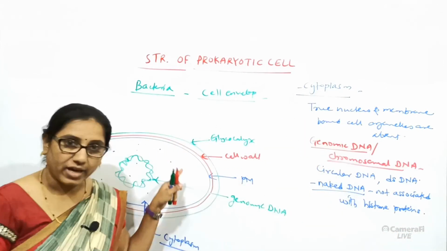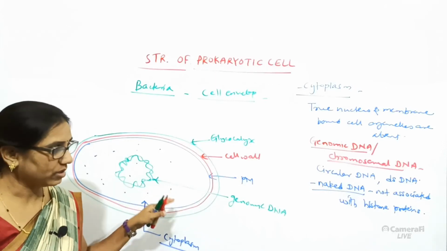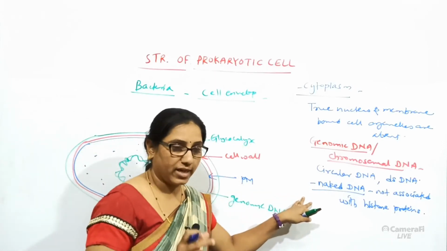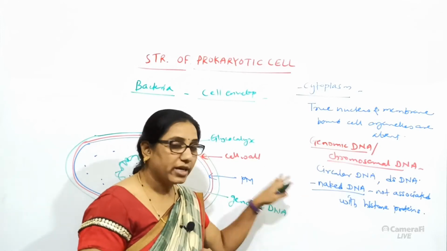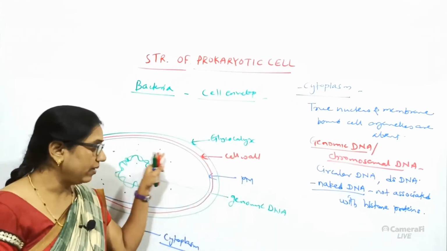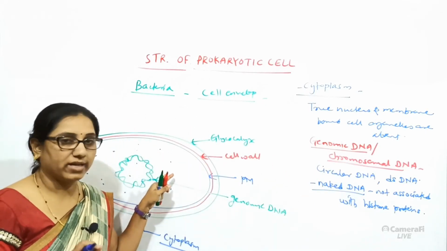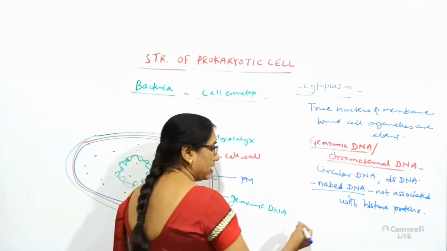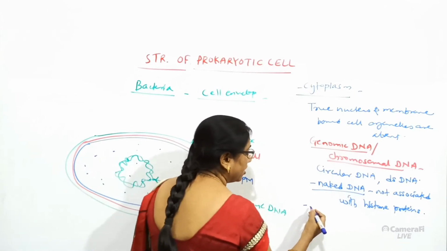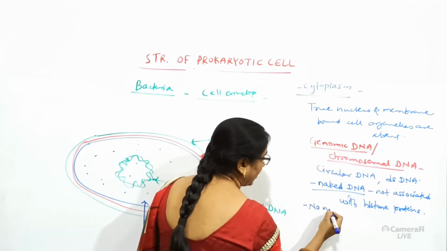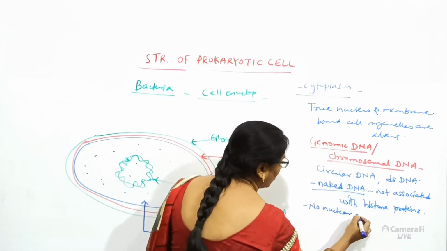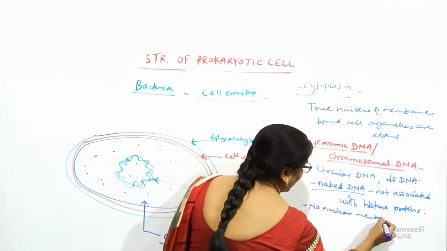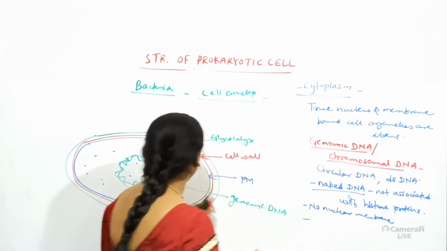There is no actual structure of chromosomes, it only shows the naked DNA. As it controls all the activity of the cell, it is called chromosomal DNA. This DNA is not covered by a nuclear membrane. So there is no nuclear membrane, only a part of the cytoplasm.